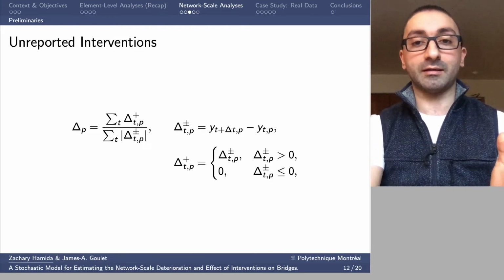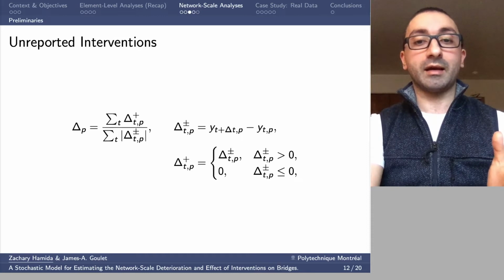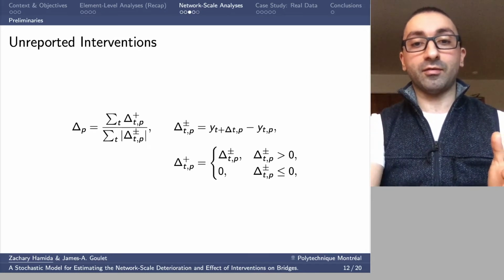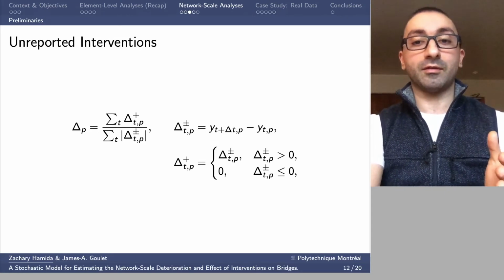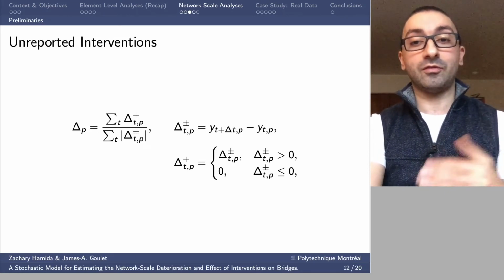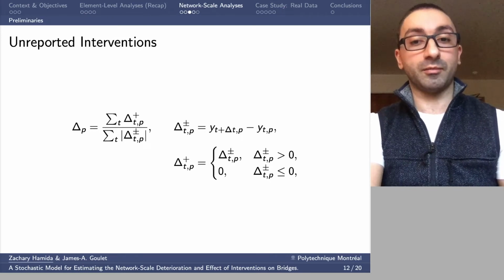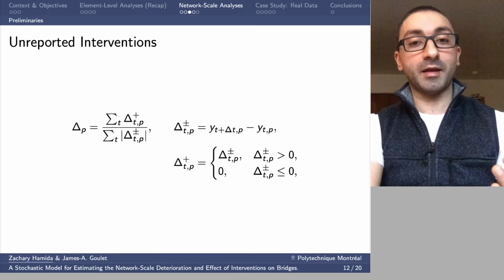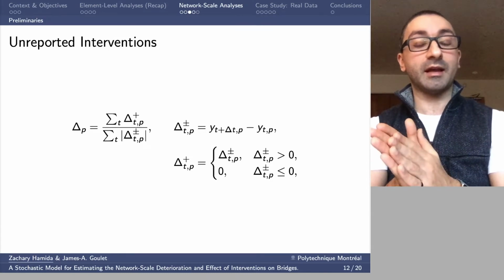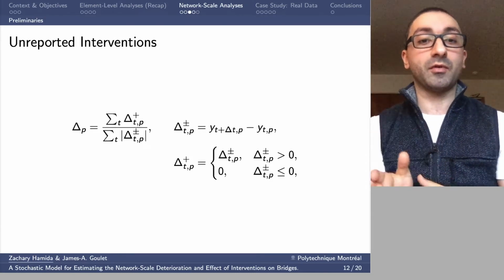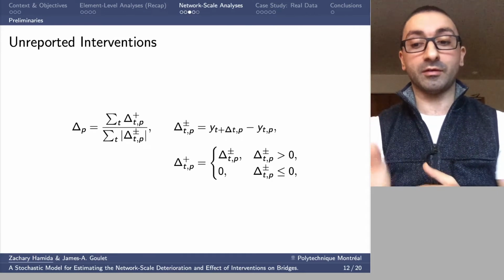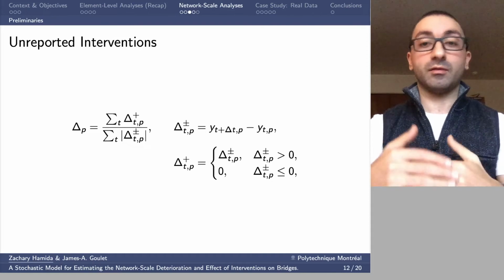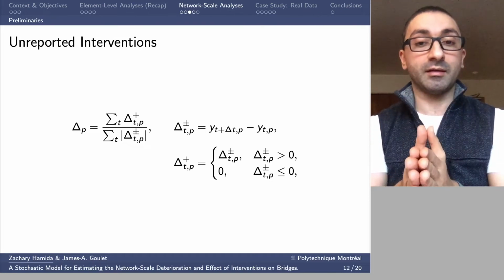So we look at the changes between two consecutive observations. For positive changes, we consider any change that is positive and report it. Otherwise, it's 0. So this is the criterion that tells us that yes, there is a positive trend in the inspection data.